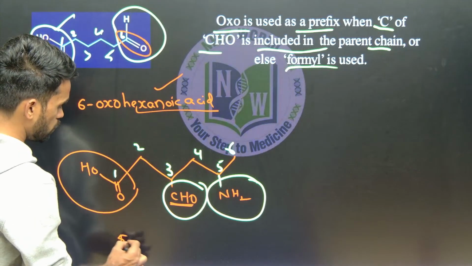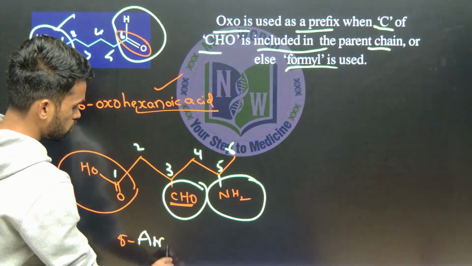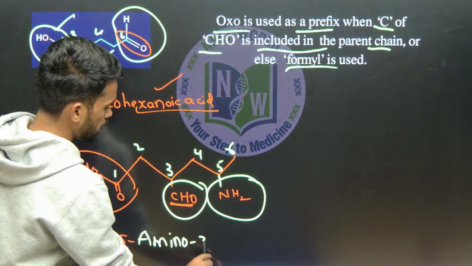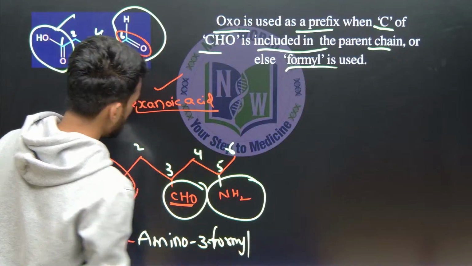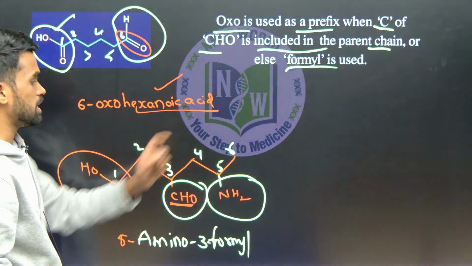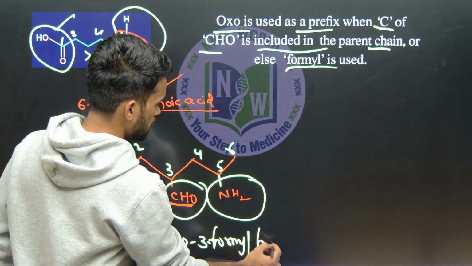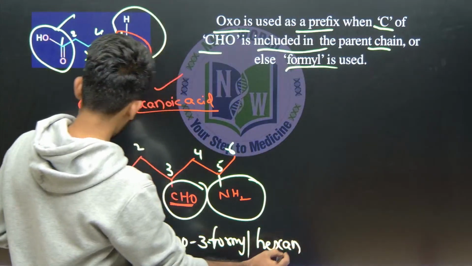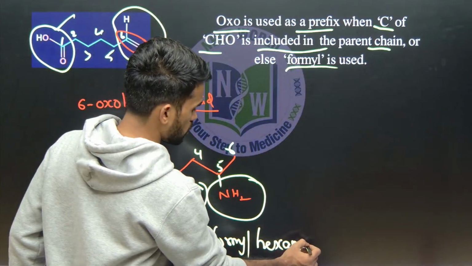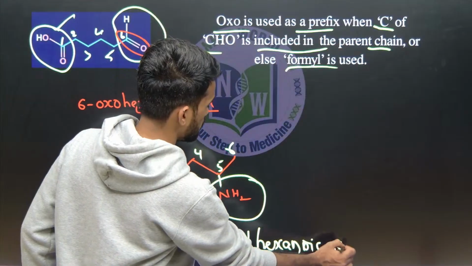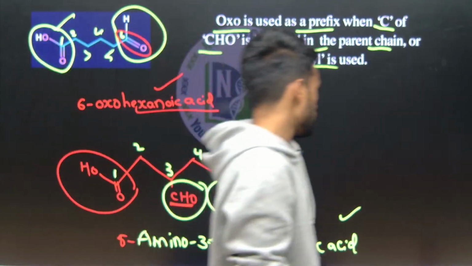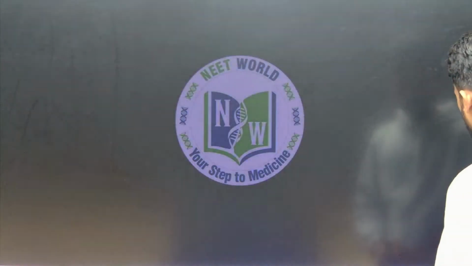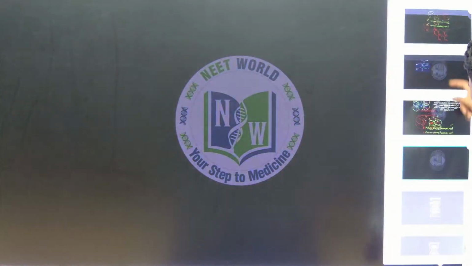So 5-amino-3-formyl, and the parent chain is hexane, one oic acid: 5-amino-3-formylhexanoic acid. That's it. This is the name of this particular given compound. Okay, hope the discussion here is very clear without any confusions, right?